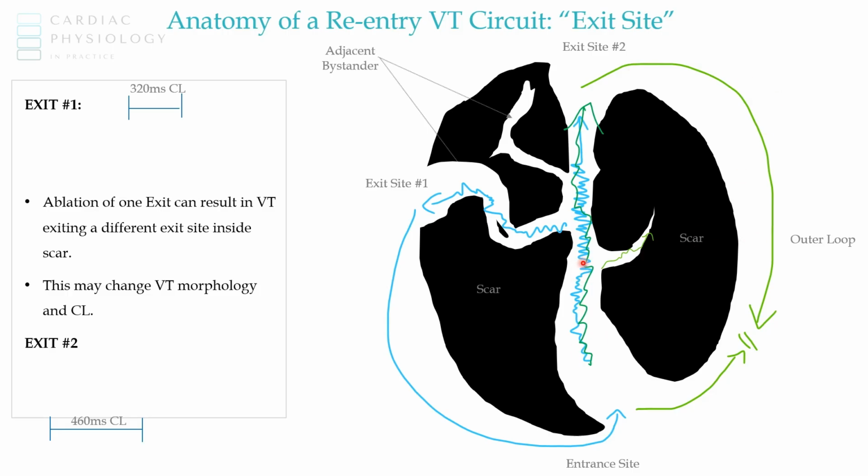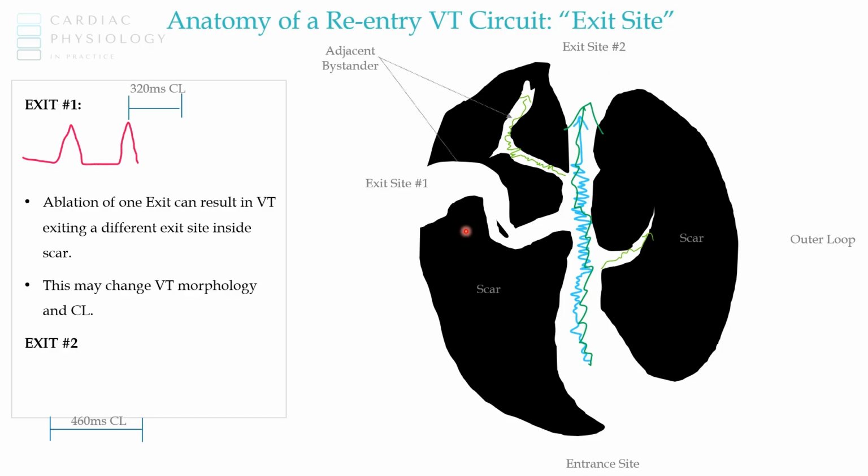Or maybe if you ablate here, you'll terminate VT. But really, this is the VT reentrant circuit here, and then this is all depolarized passively from the VT reentrant circuit.